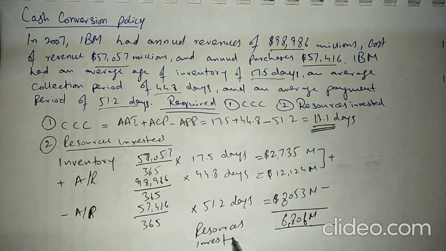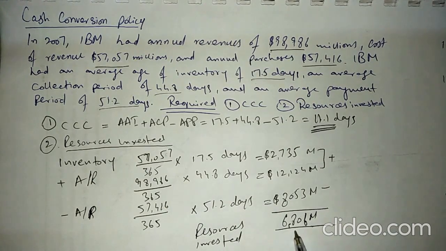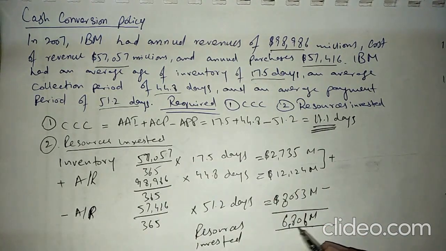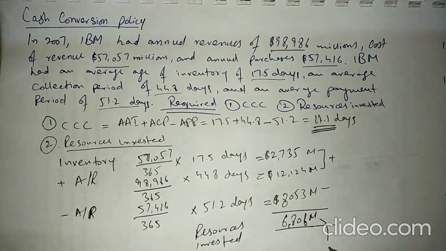So this 6,806 million is showing that IBM needed 6,806 million amount to support their cash conversion cycle of 11.1 days.